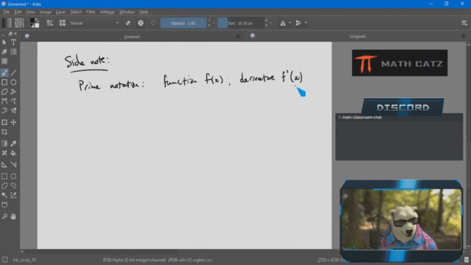And that's very handy. If I have a function name already assigned to something specific, I often want to name the derivative in an appropriate way corresponding to that function. So that is definitely a standard way, and one that we'll see more often than anything else.